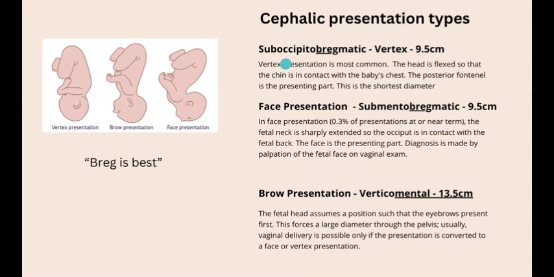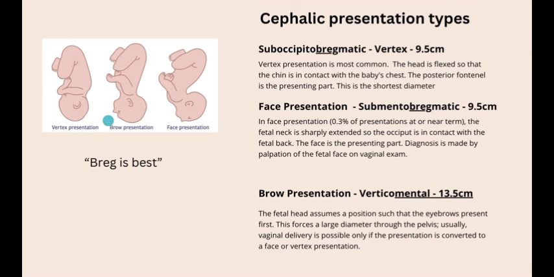So let's talk about the three different kinds, and they have a few names. Vertex presentation is the most common, and this is called suboccipitobregmatic, and we'll come to the breg part in a second. But this is when the head is flexed, so see how the chin here is in contact with the baby's chest, and the presenting part is the posterior fontanelle over here.